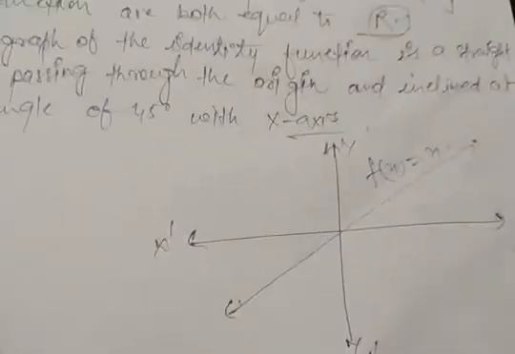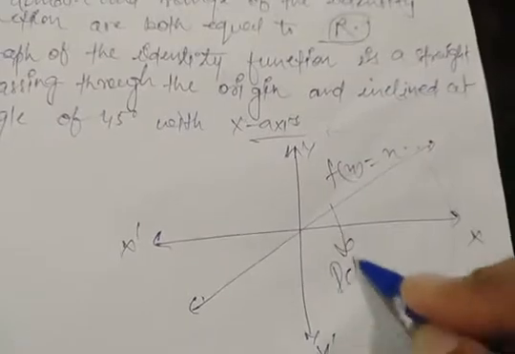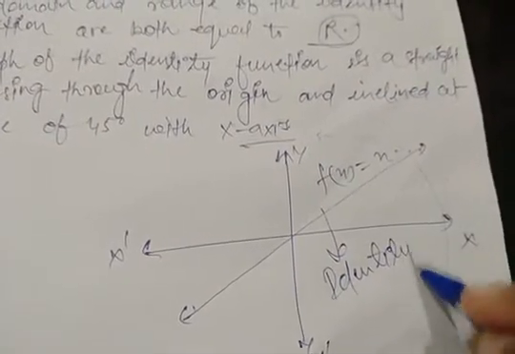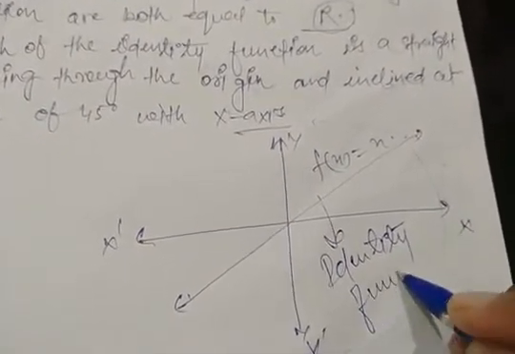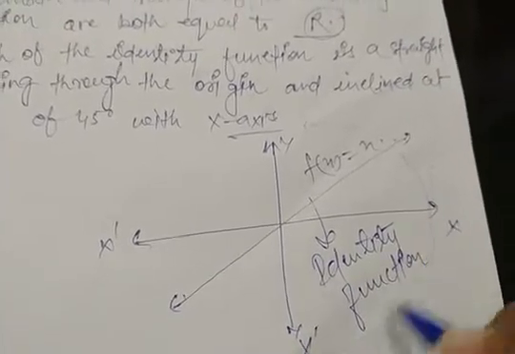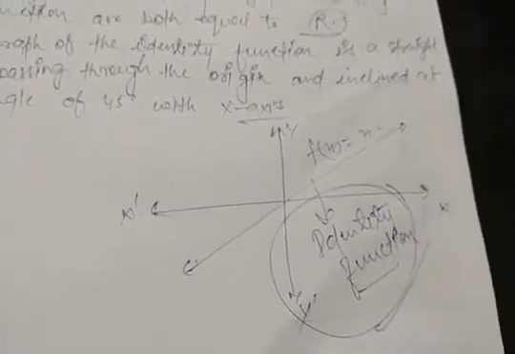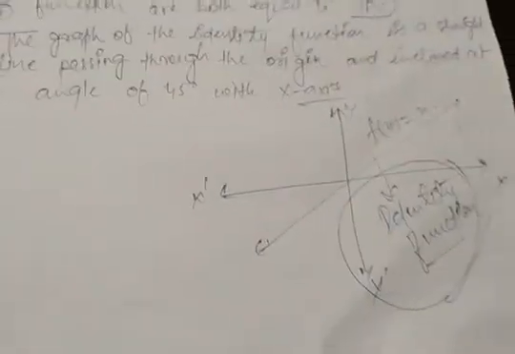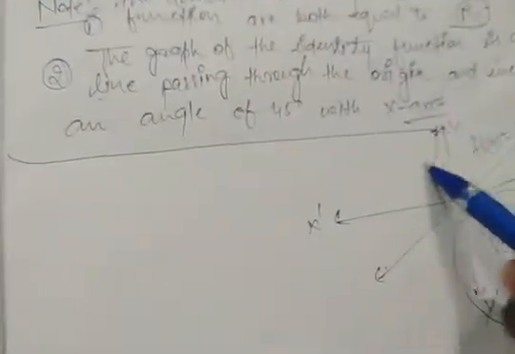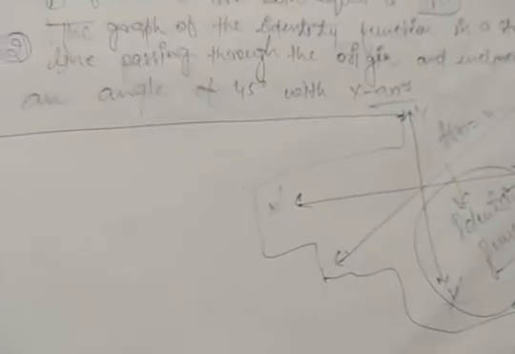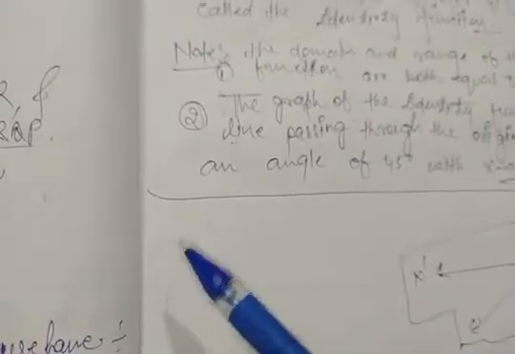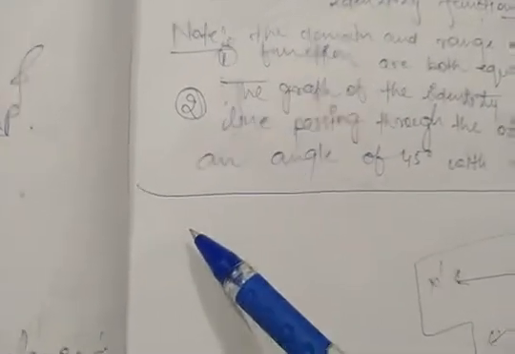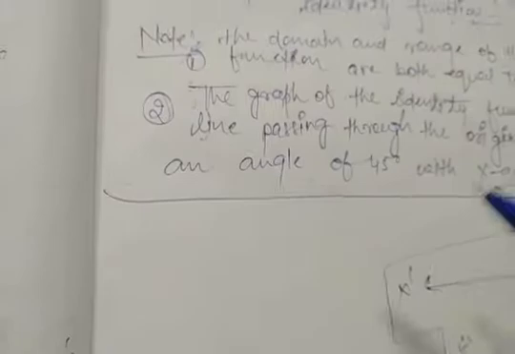Let me explain that function once more. The function that associates each real number to itself is called the identity function.